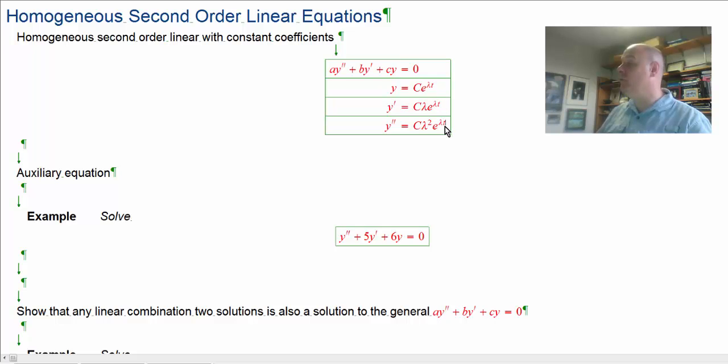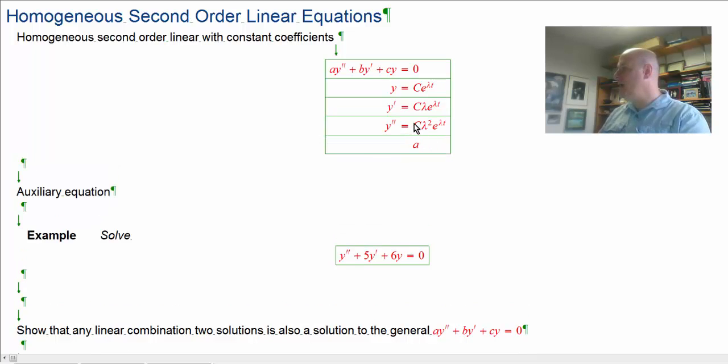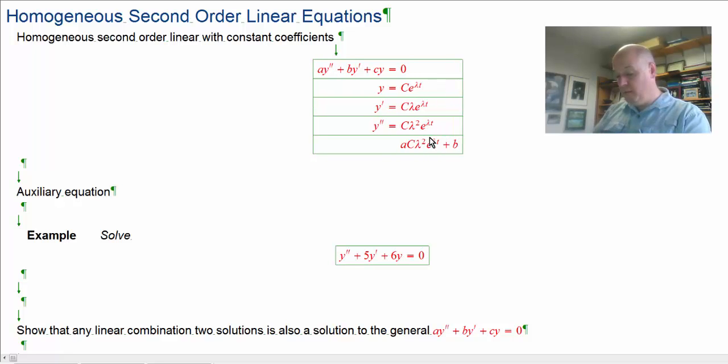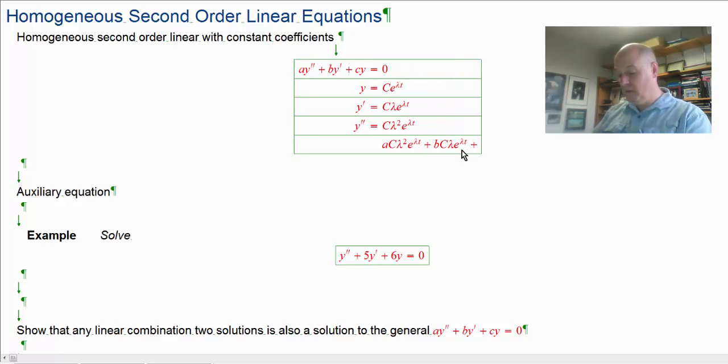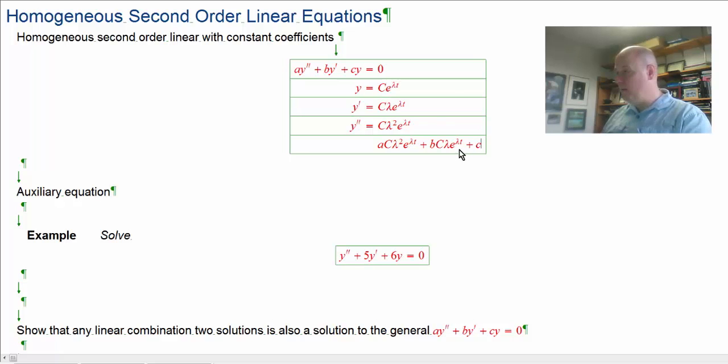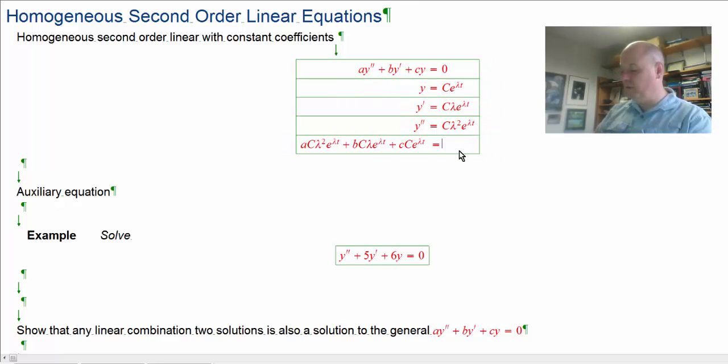I'm going to need the first derivative and the second derivative. Let's pop it into the left hand side and make it equal to 0. So that would be a times y prime prime plus b times y prime plus little c times y. There's big C and little c, and set it equal to 0. And now we just have to figure out what C and lambda have to be.